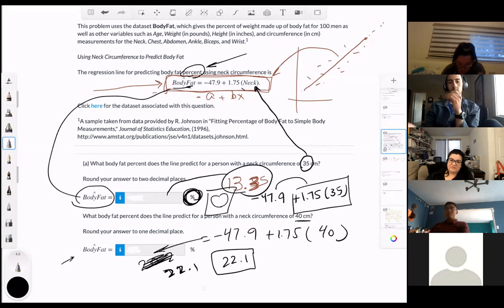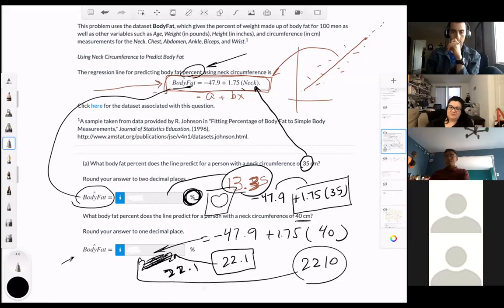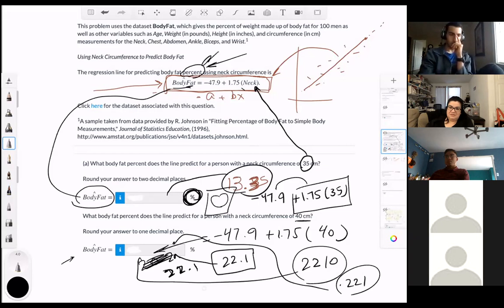Should I put 2210 or should I put 0.221? Those are the questions that come up in your mind in the exam. If you read the question, they said body fat in percent. So whatever you got, that's the answer. The percentage, so you don't need to do anything. Okay, I got it.